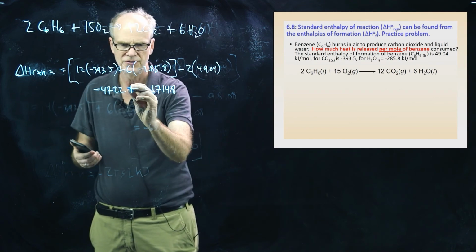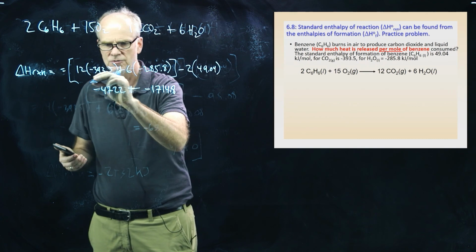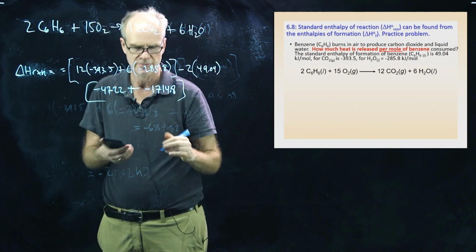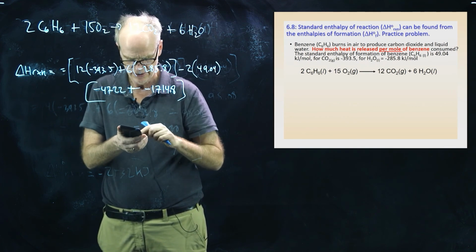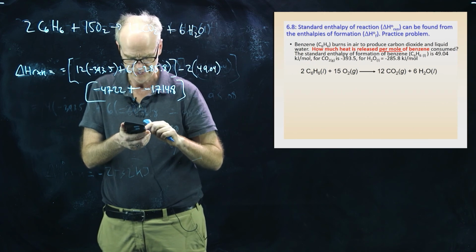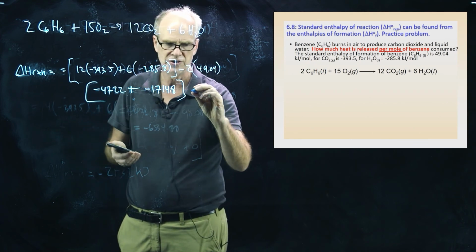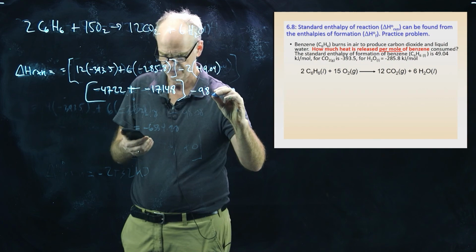Okay, that's adding them. We'll add those numbers in a minute. And then it's 49.04 times 2, which is equal to negative 98.08.